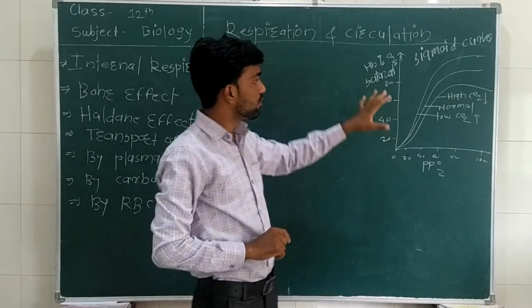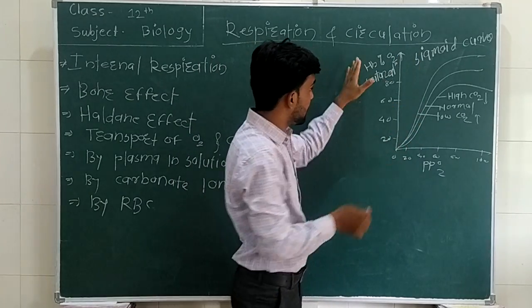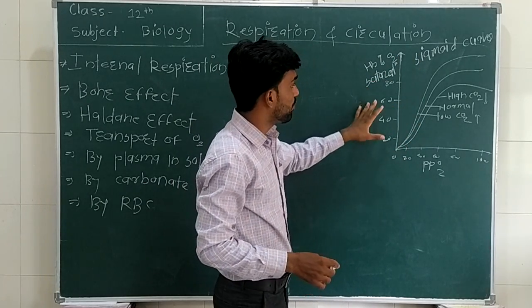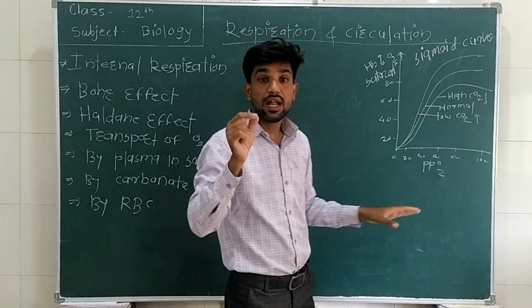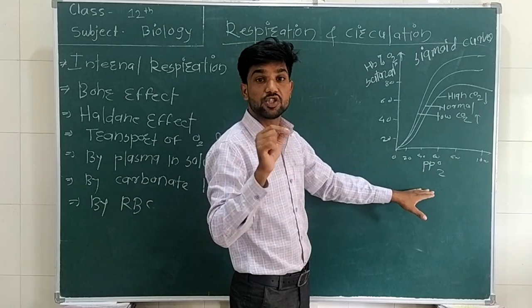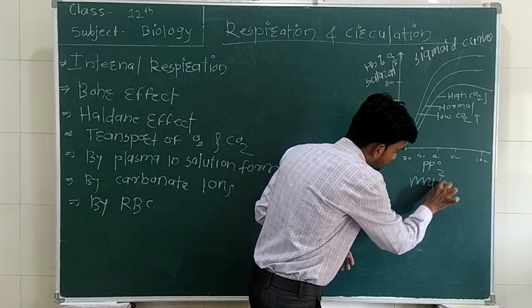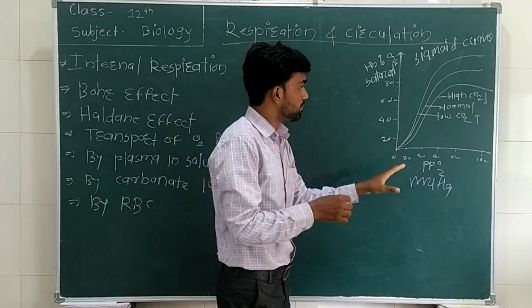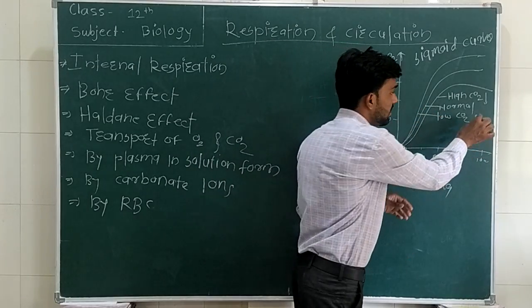Now we see the Bohr effect with the help of a graph. This is the Hb saturation in percentage: 20, 40, 80, 100. And this is the partial pressure of oxygen, PPO2, in mmHg. Let's see first low CO2 and increasing pH.